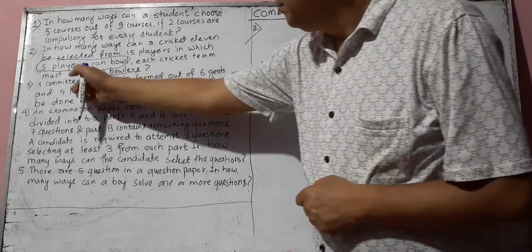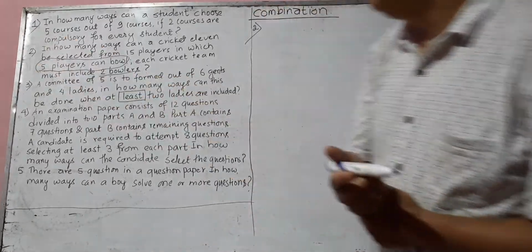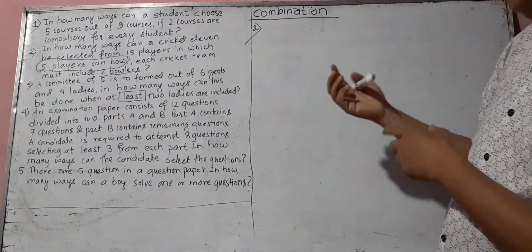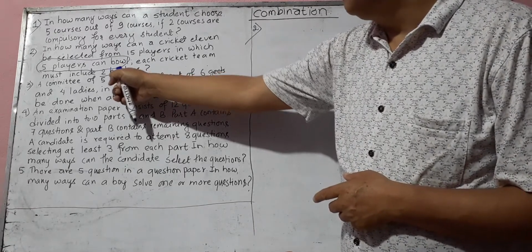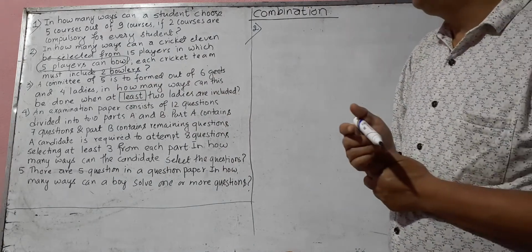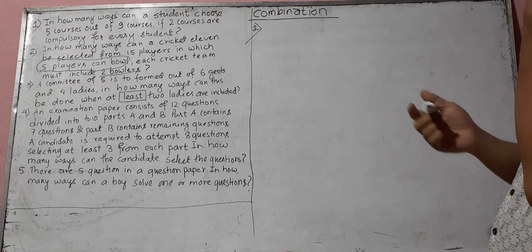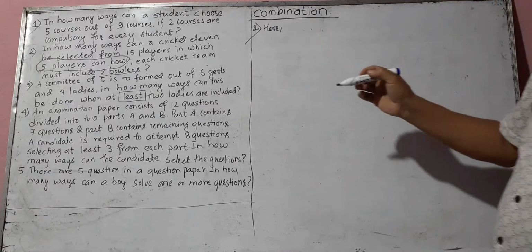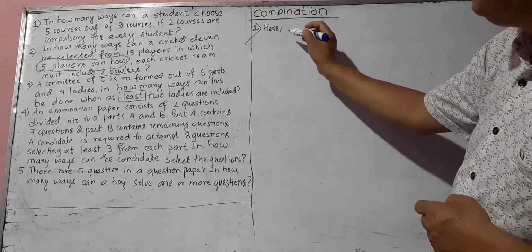So 2 bowlers are selected from 5 bowlers, and out of 11 players, 2 are bowlers. That means we still have to select 9 players. Now let us start the solution and see how we select the team.